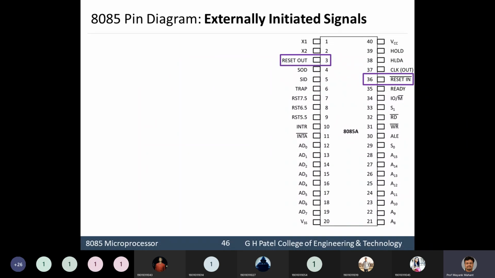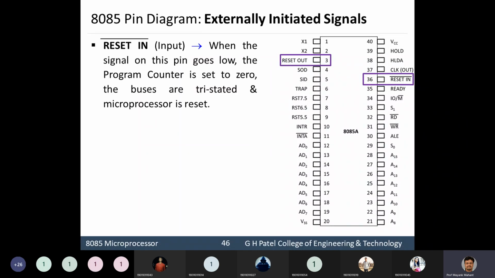And these are the two reset signals. So reset in is an input, active low signal. When the signal on this pin goes low, the program counter is set to 0, the buses are tri-state, and the microprocessor is reset. It is as good as turning the thing off and again turning it on. That is what we call a reset.